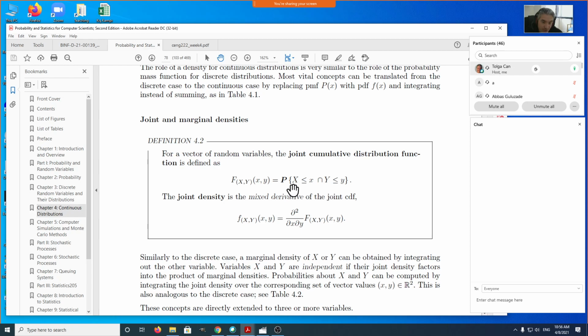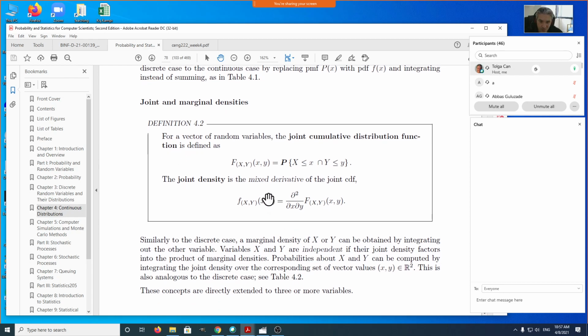It will be equal to the multiplication of the individual marginal probabilities only if they are independent. If they are not independent, for example if this is given to us, it will be an arbitrary surface, and it will not be a multiplication of individual probabilities. Therefore we need to use double derivatives or double integrals in order to compute probabilities.